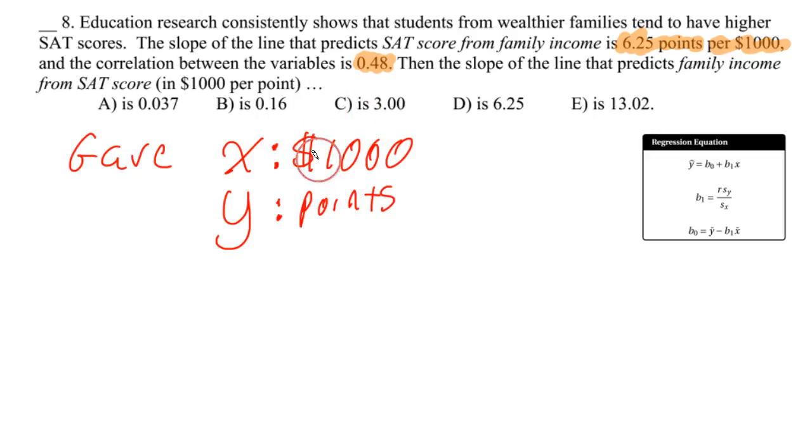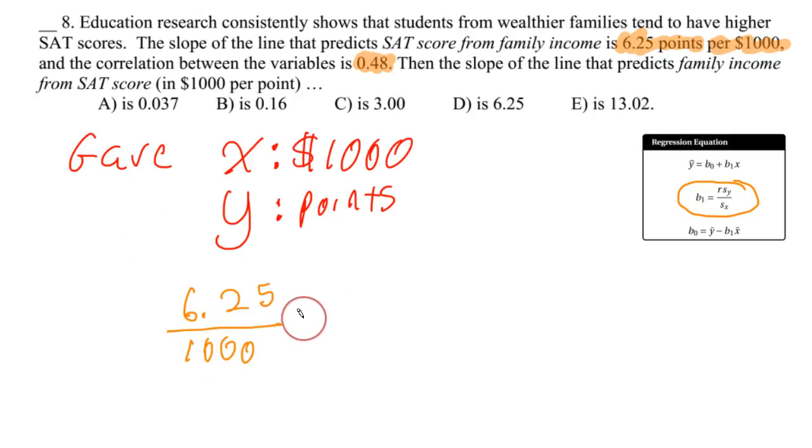So what happened was they went through this entire regression process, and they ended up with a slope. Now, as a reminder, your slope is B1. So the slope was 6.25 points per $1,000, and that all equals r times sy over sx.